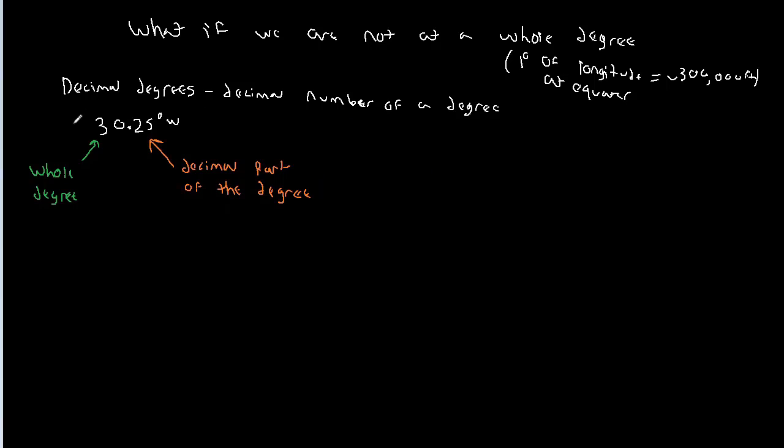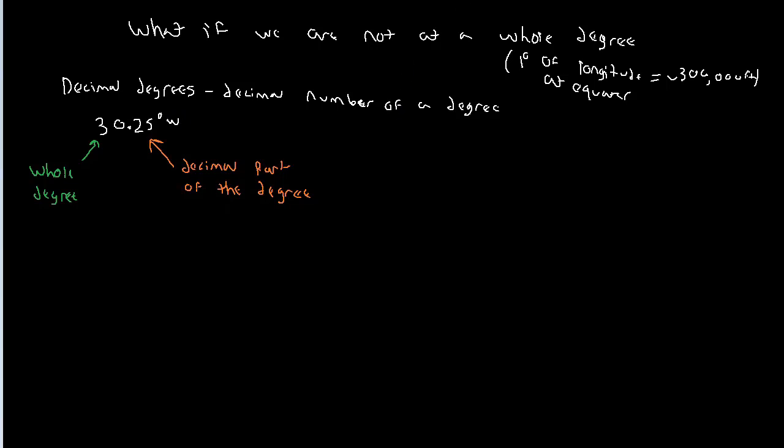And so what we're saying is we went 30 degrees to the west plus an additional 0.25 degrees west. So we can represent portions of a degree, going more than just 30. We're not going right from 30 to 31. We're going 30, and then an additional 0.25 degrees, and then we're designating the direction with the west. Okay, so that's a common way of doing it.